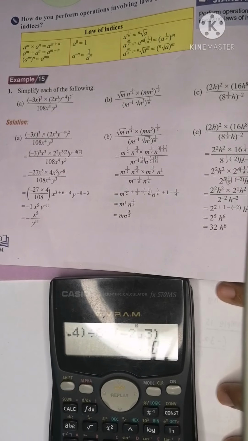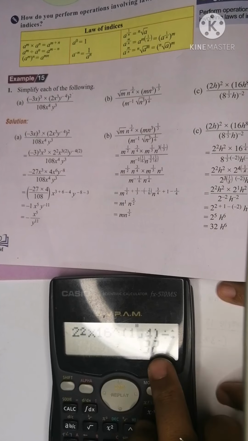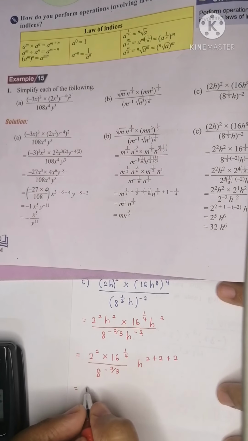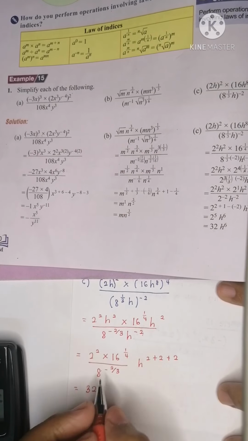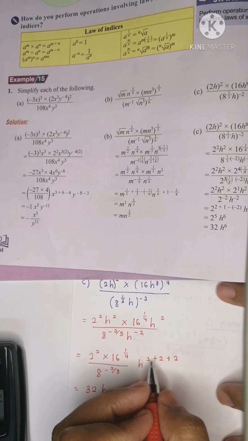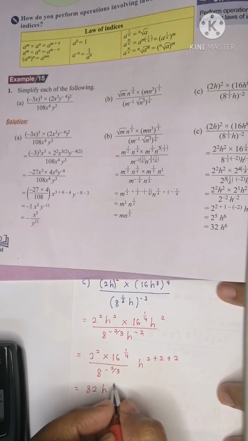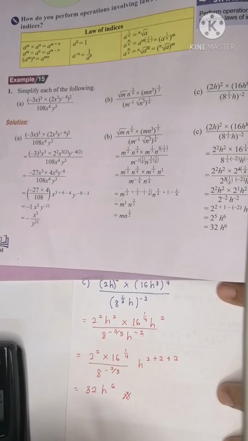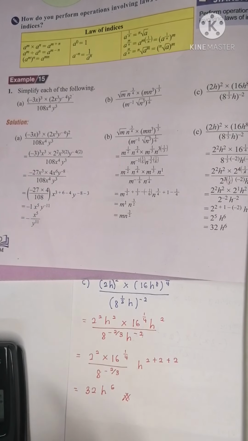Now look at the answer. It becomes 32. So we know the constant is 32. Done for the constant. Now look at h: 2 plus 2 plus 2, so 6. That's the answer. Very easy, right? If you do it step by step.